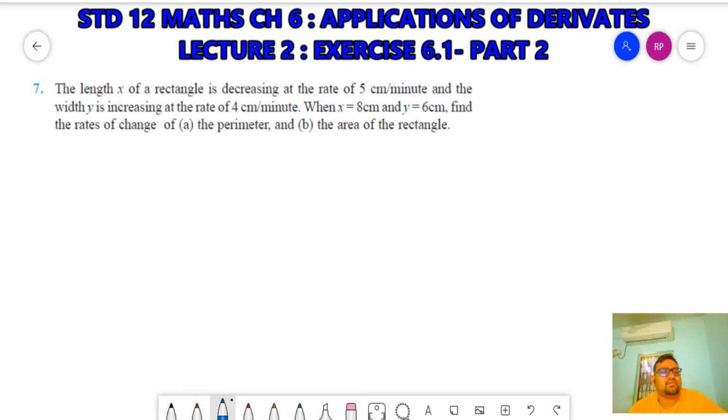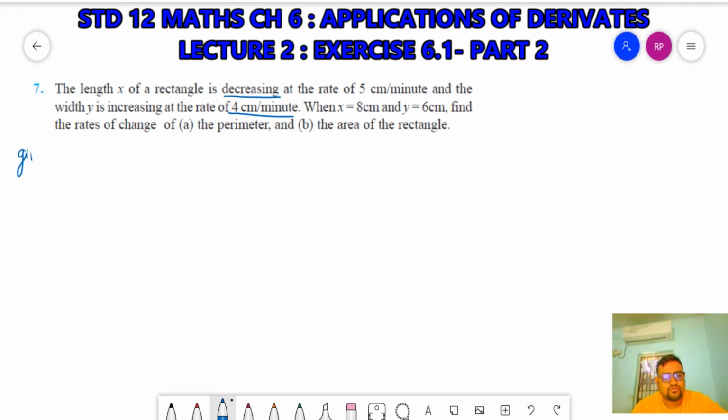The length x of a rectangle is decreasing at the rate of 5 centimeter per minute and y is increasing at the rate of 4 centimeter per minute. So now see the length, that is x.